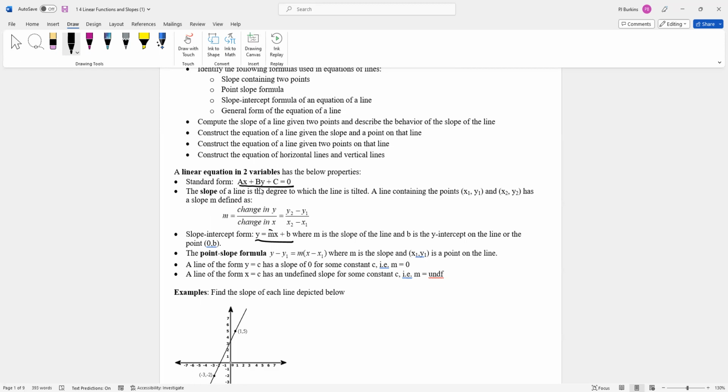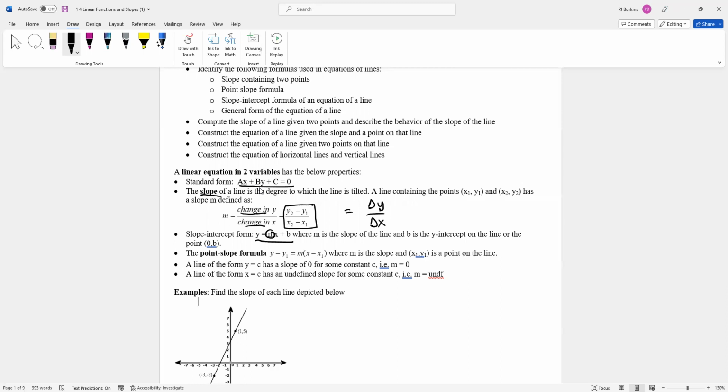M there is the slope, and we calculate the slope if given 2 points by this formula, right? This is our slope formula. Another way of saying this is change in y over change in x. Sometimes you'll see it written like this, right? Delta y over delta x, that represents change.